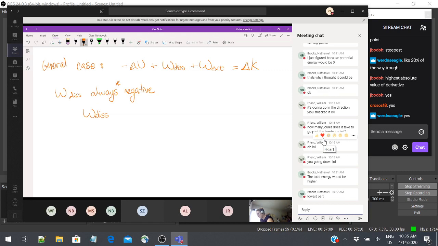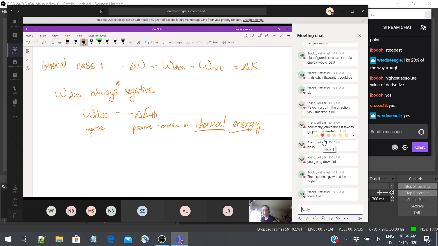So this means that a negative amount of work done by a dissipative force means I have a positive increase in my thermal energy. I know I've talked about this before, but it was just sort of in passing, right?